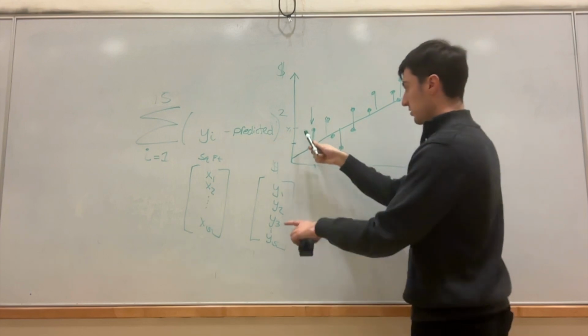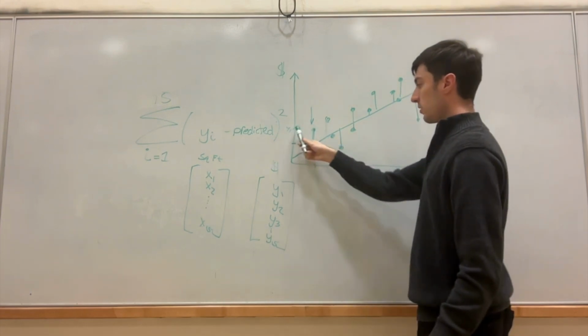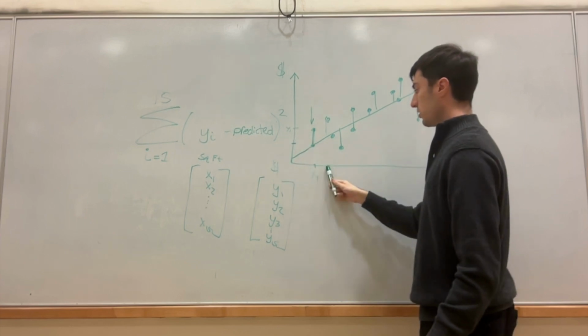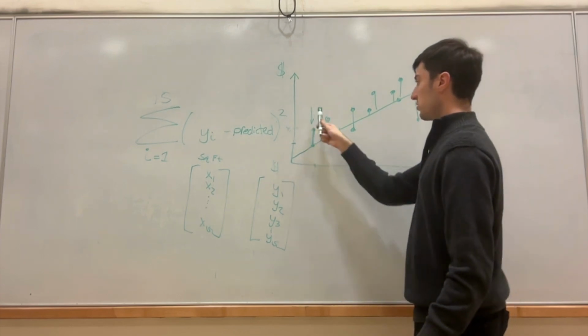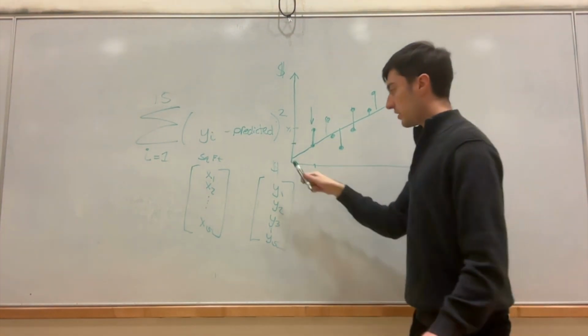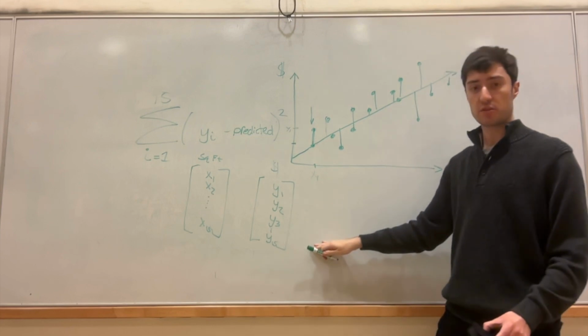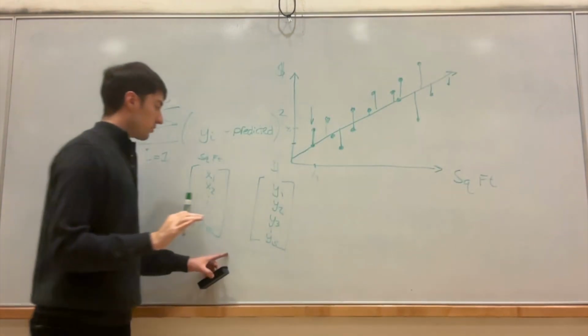So this is x1, this is y1, this is x2 right here, this is y2. We just kept going through, and we're given these two vectors, and we can just plot them, right? So we have this information.